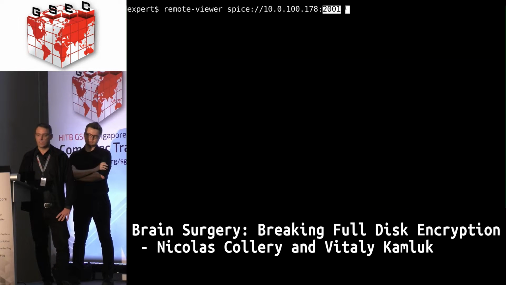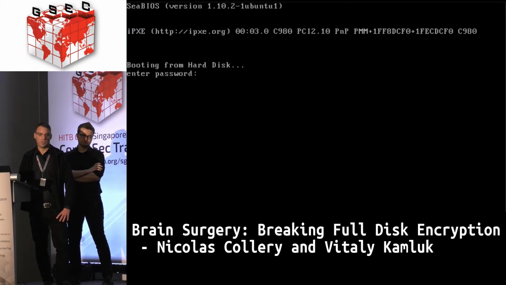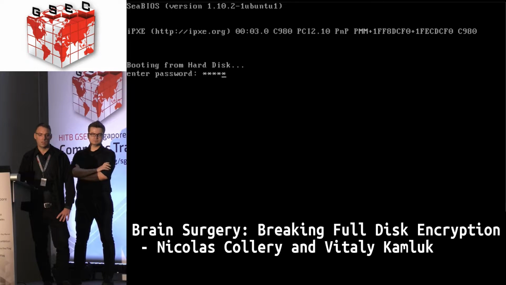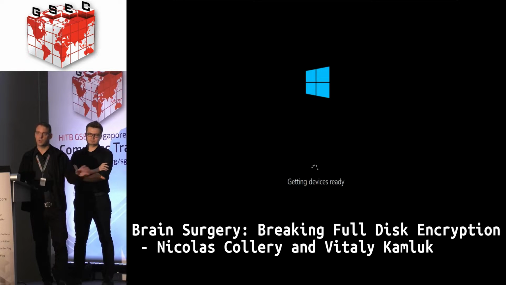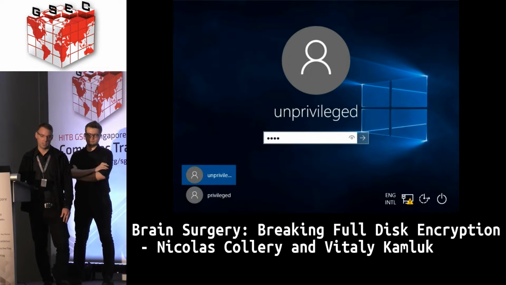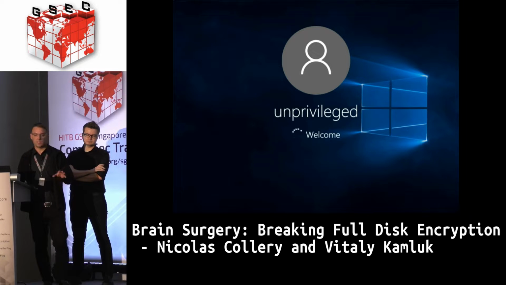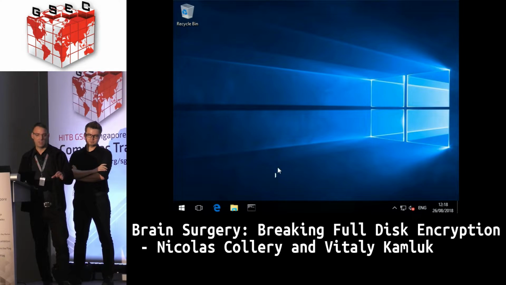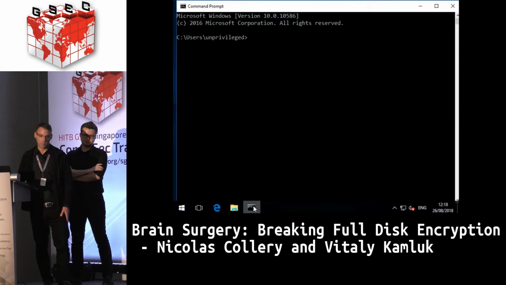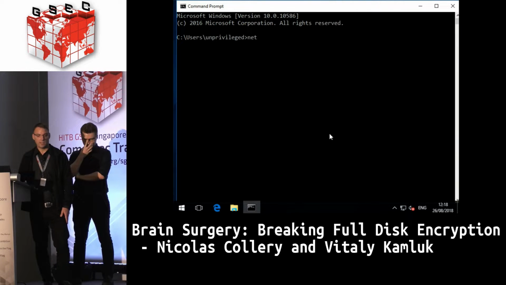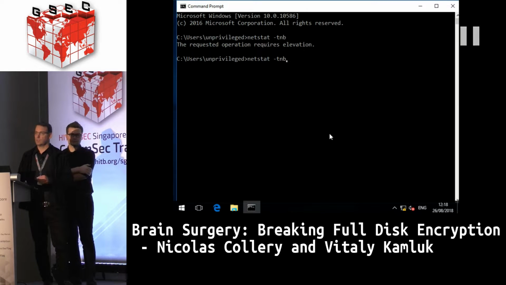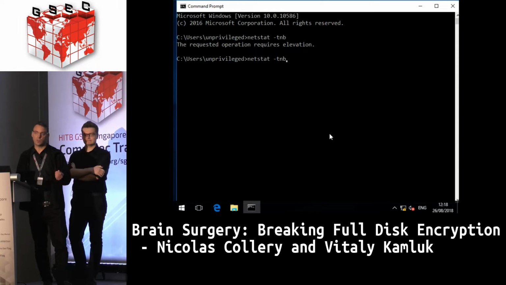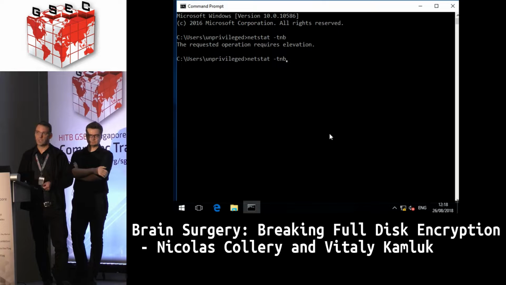So let's connect to the virtual machine booting up over SPICE. As explained, the disk is encrypted. We don't know what the protocol is, but then the owner will have to key in the password. And the user that we can connect with is unprivileged. So let's verify that. We also know that this machine was known to have connections to a known command and control server.